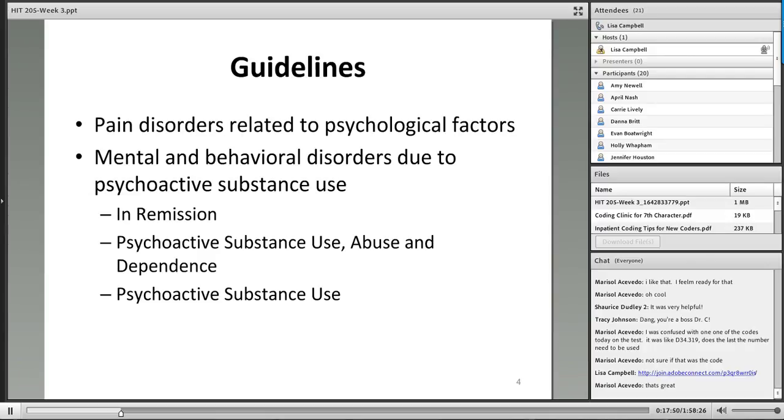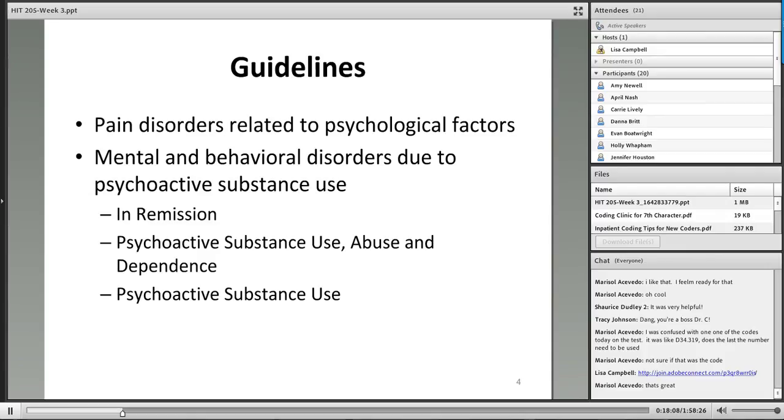So one thing that you have to understand, there's us, HIM professionals, and then there are physicians. Physicians, nurse practitioners, physician assistants, they learn how to treat their patients.